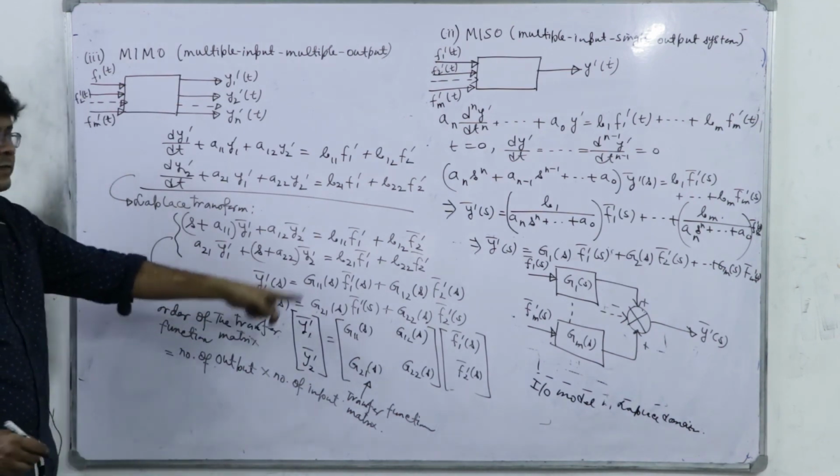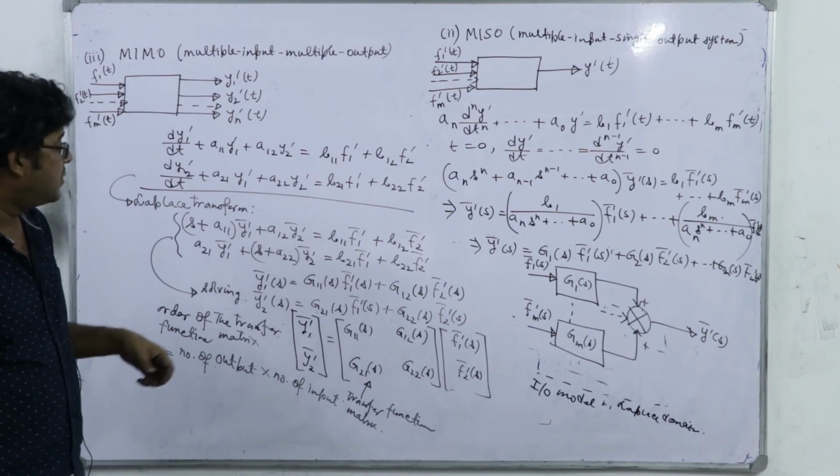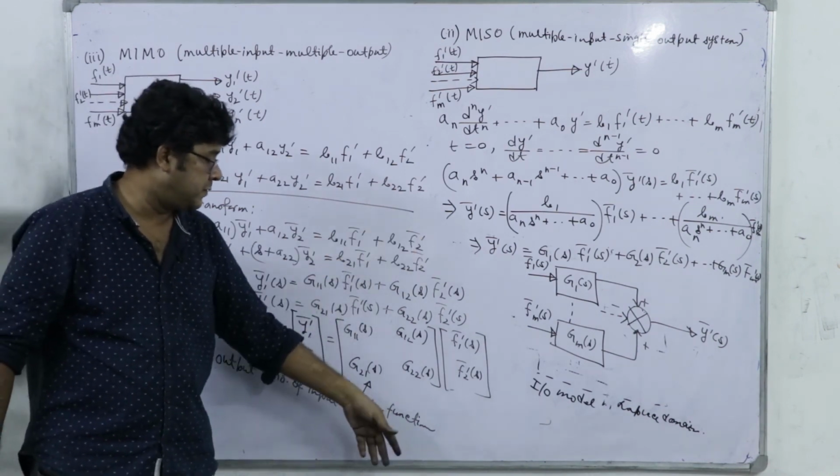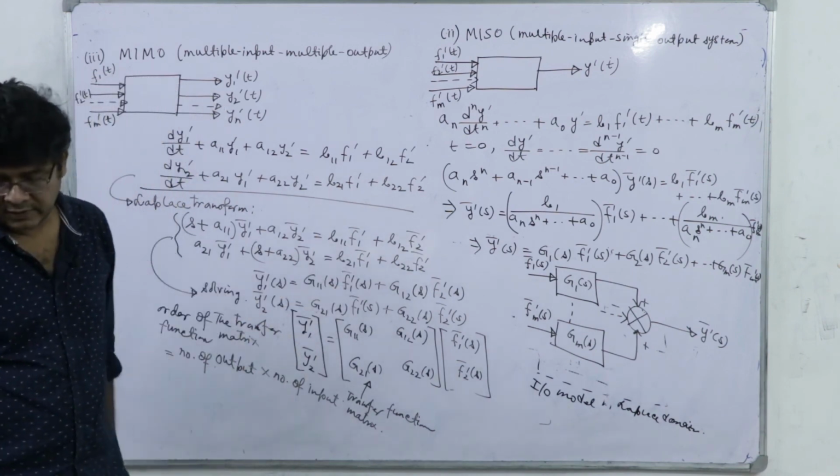So here it is 2 cross 2 because we have considered a 2 input 2 output system, but if we think of 3 inputs and 2 outputs, it will be a 2 cross 3 matrix.